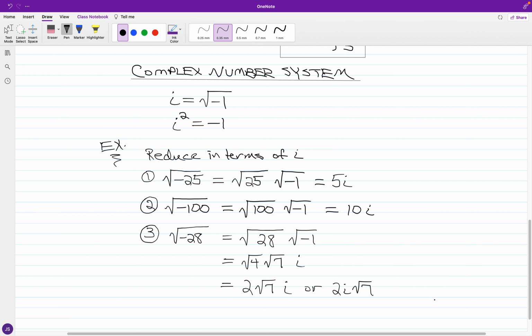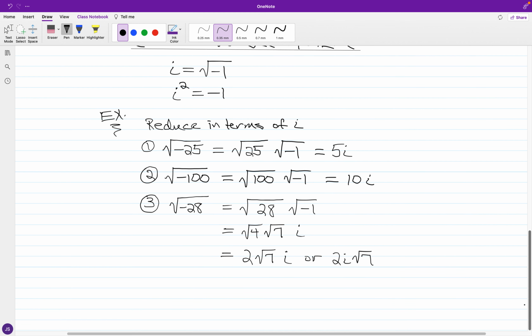All right. Now, let's say that we have more than one term in a complex number. And this is what is referred to as the standard form of a complex number.